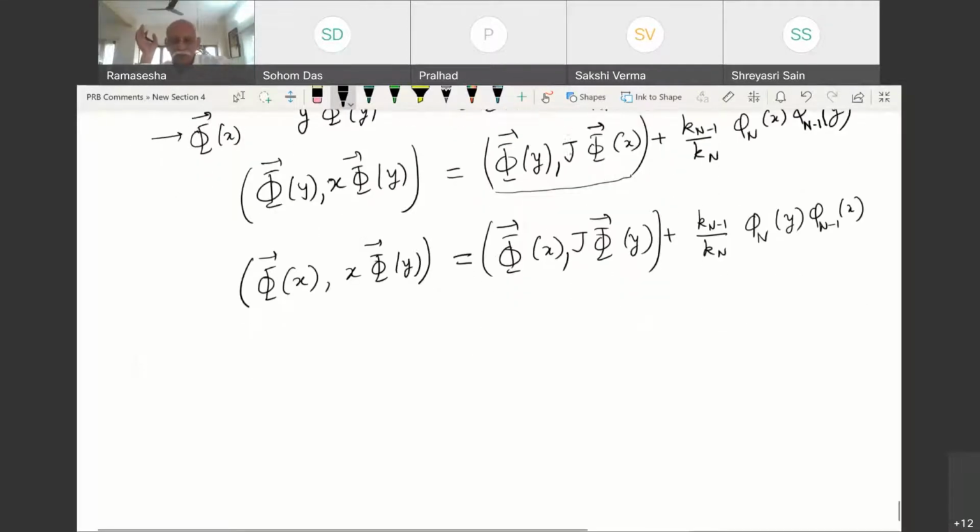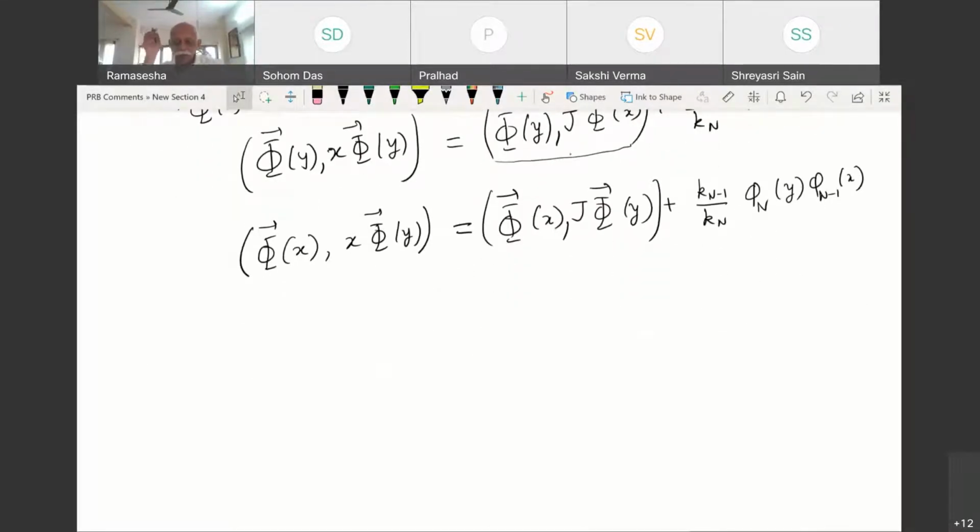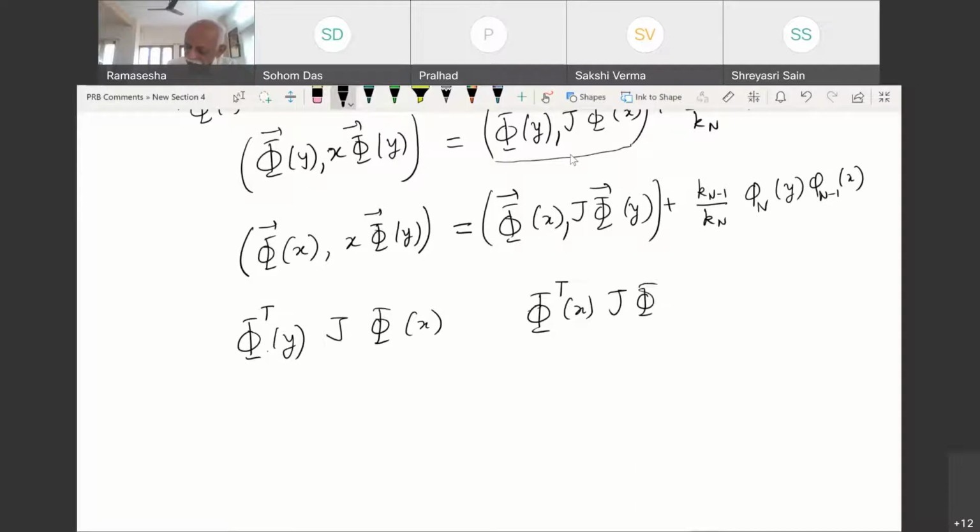Okay, so what happens? p of y transpose J p of x and p of x transpose J p of y. What can you say about these two? Are they the same?